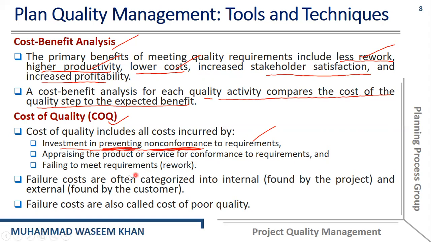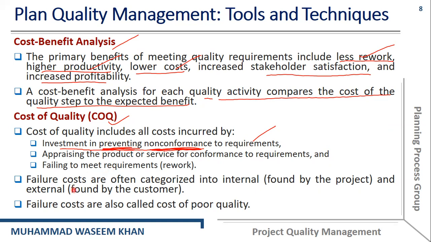And the last one is the failure cost, meaning if you fail to meet the quality requirement of the project, or the product or services that you are going to produce, then that is called the failing cost, and you need to rework again in order to meet the requirements and to produce error-free products and services.